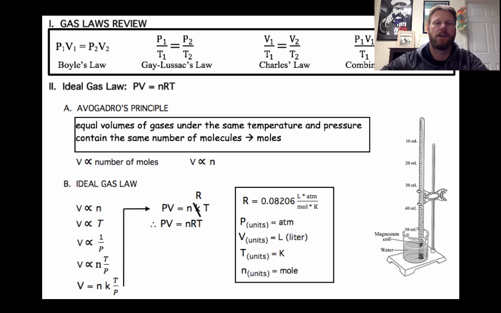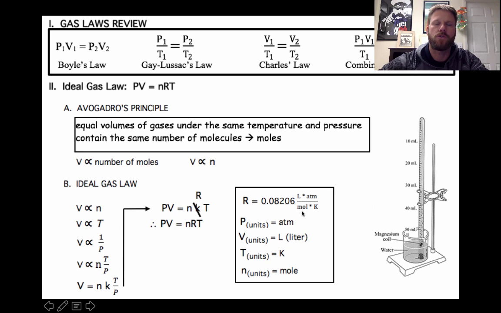Unlike the other gas laws, specific units of pressure and volume have to be used when using the ideal gas law. And this is because of the gas constant. The gas constant is 0.08206, but the units on that constant are liters times atmospheres over moles times Kelvin.